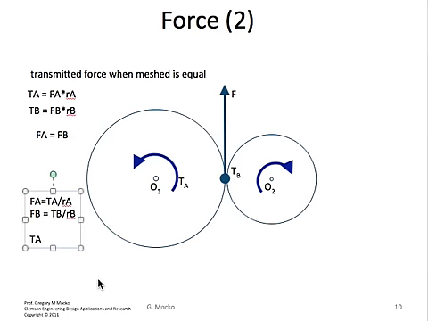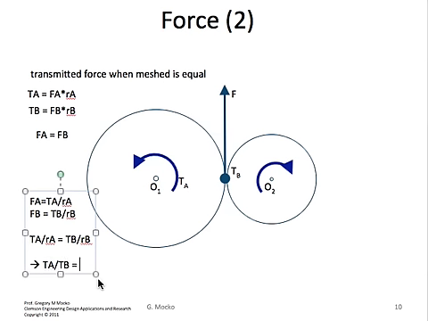Manipulate those together, we get TA divided by RA is equal to TB divided by RB. And that ultimately results in TA divided by TB is equal to RA divided by RB. So the torque of cylinder A divided by the torque of cylinder B is proportional to the ratio of radius A to radius B.